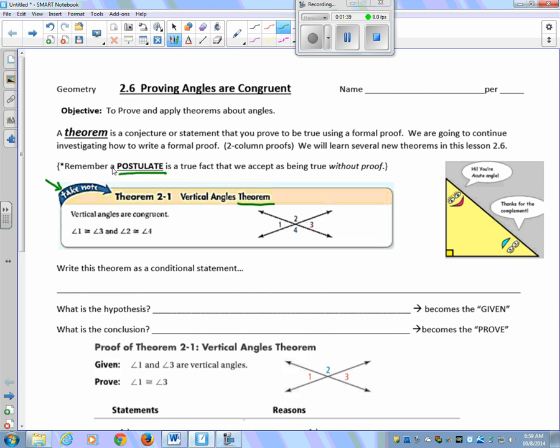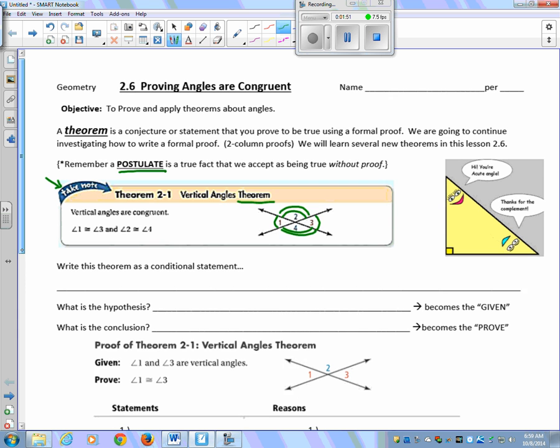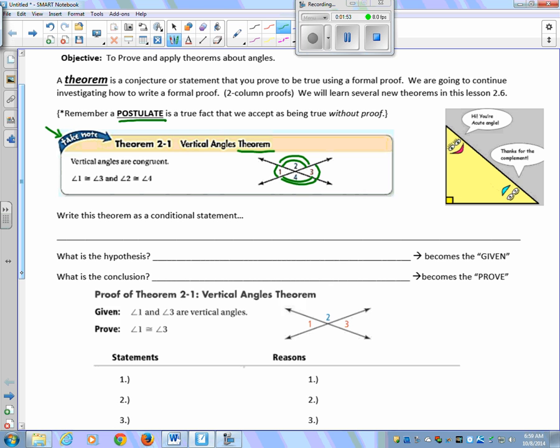So in this case, 1 and 3 are vertical angles, therefore we can mark them as congruent. And 2 and 4 are vertical angles, so we can mark them as congruent. We've touched on this before. Write this theorem as a conditional statement.